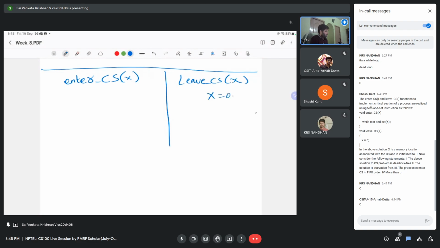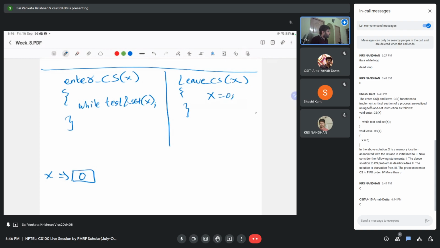This is X equal to 0, and this one is while test and set of X. In the above solution, X is a memory location associated, and it's initialized to 0. So we assume that it is 0 initially.